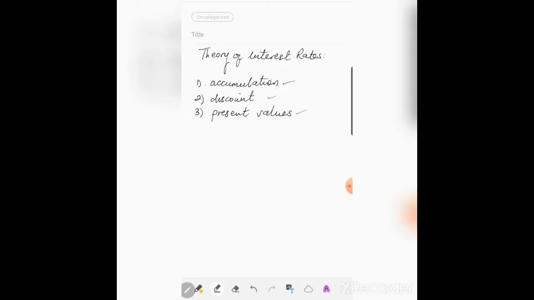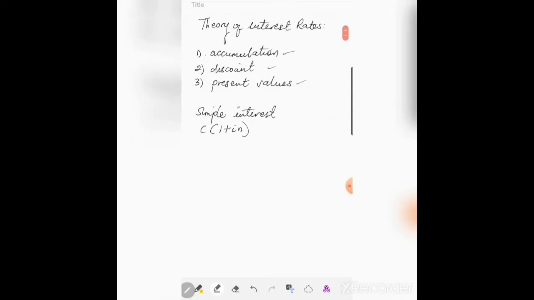So we also discussed the compound and the simple interest rates, and we had the formulas for the simple interest rate. For the simple interest rate, we had C(1 + in), where i is the rate per unit time.